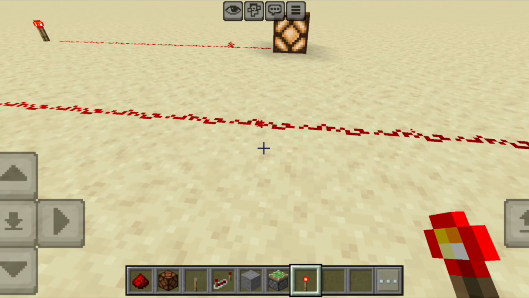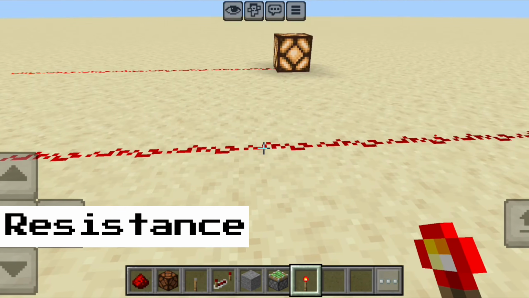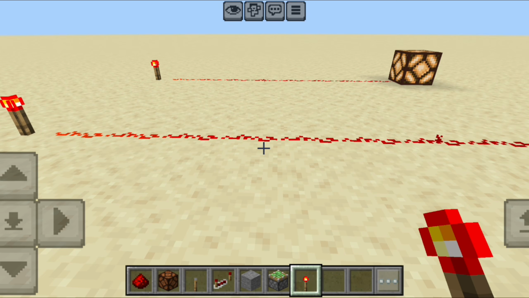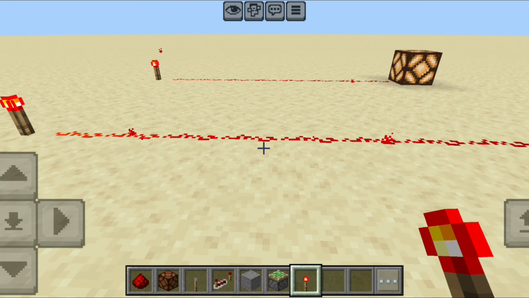That right there is resistance. In electronics, resistance is anything that fights against the current that is trying to flow. The longer the wire, the more the resistance. The thinner the wire, the more the resistance.